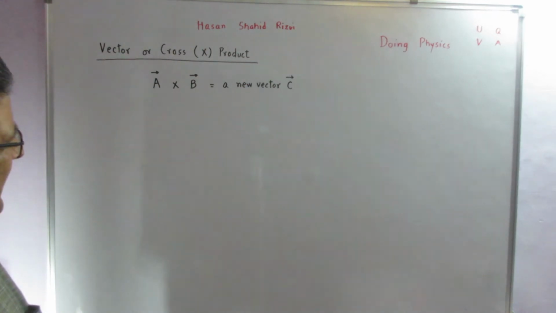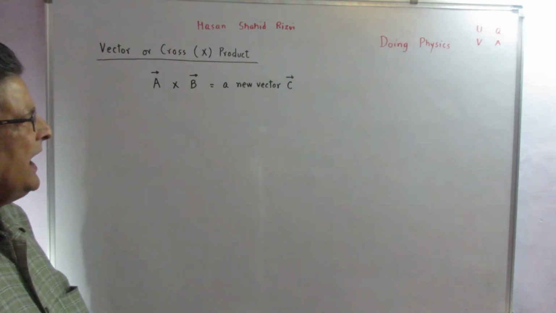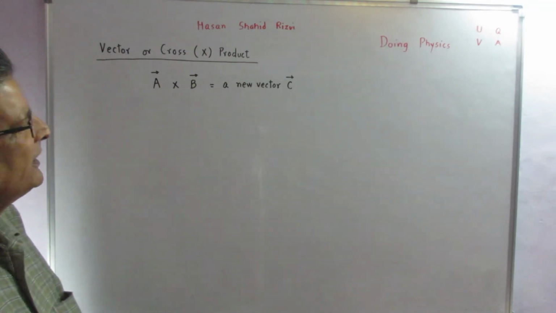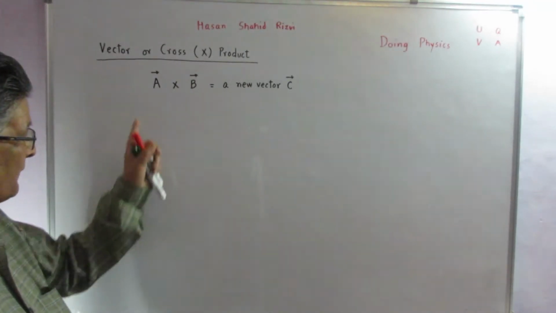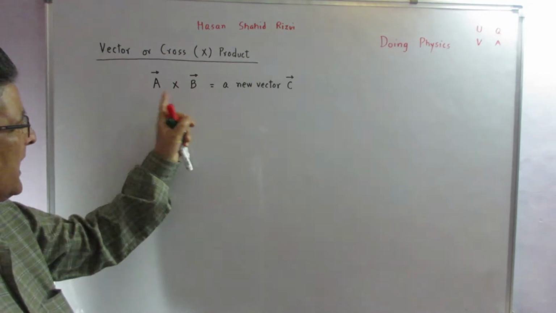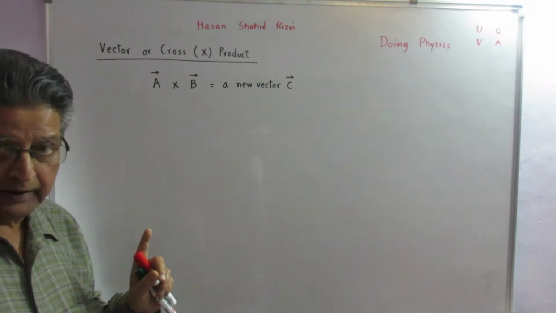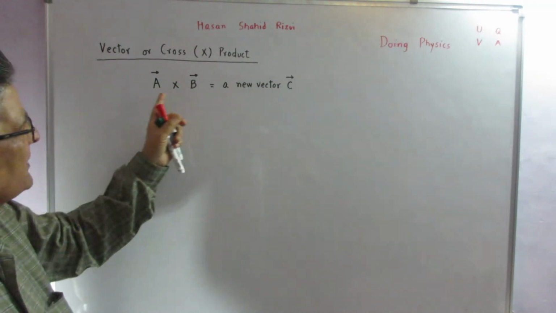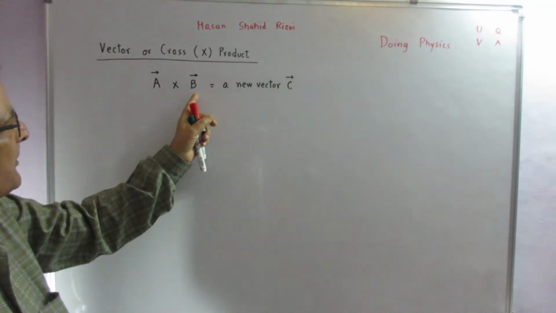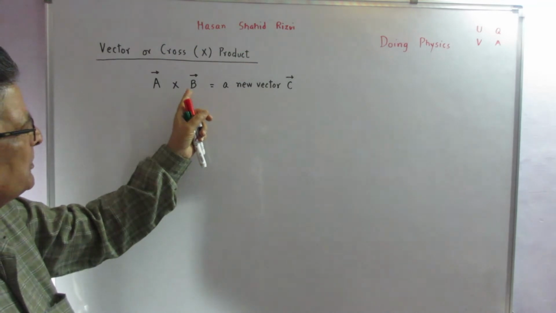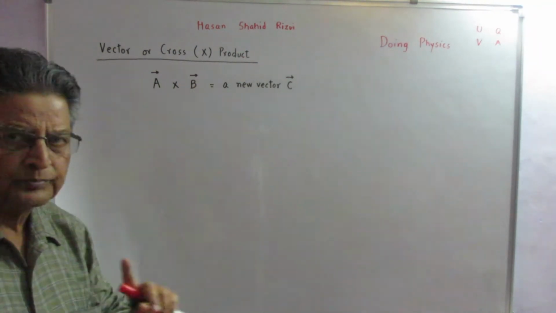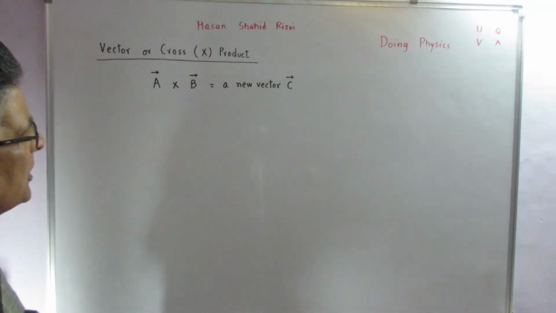So if I have a cross b, we obtain a new vector c, which has the magnitude of a multiplied by b. For example, if we have velocity in meter per second and acceleration in meter per second square, then it is meter square per second cube. You can just work it out.